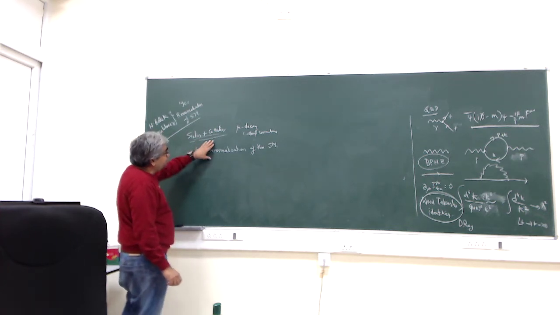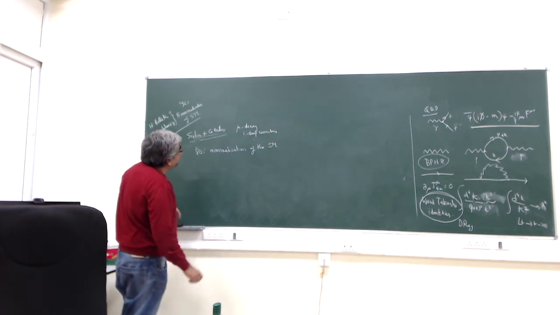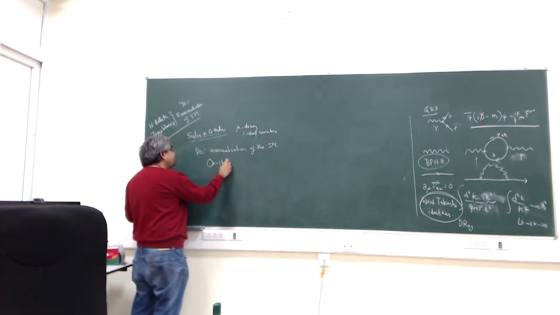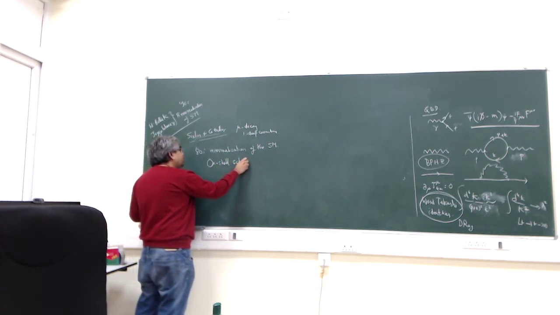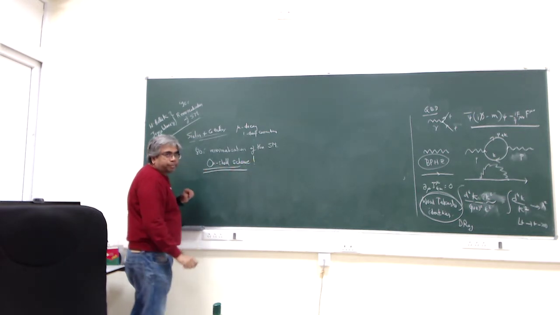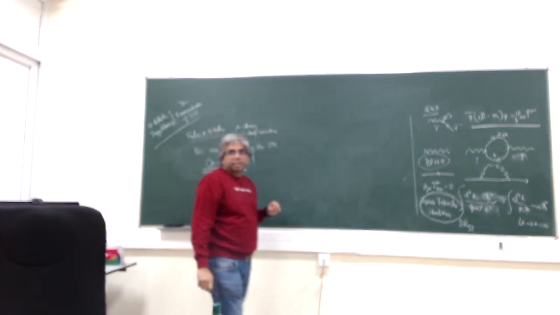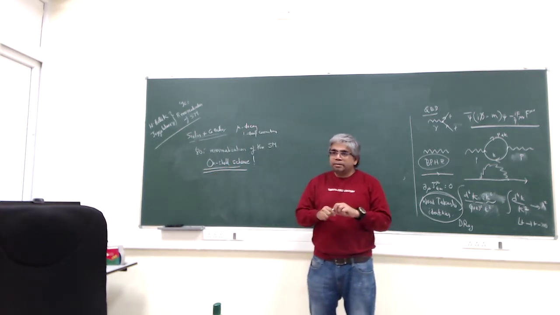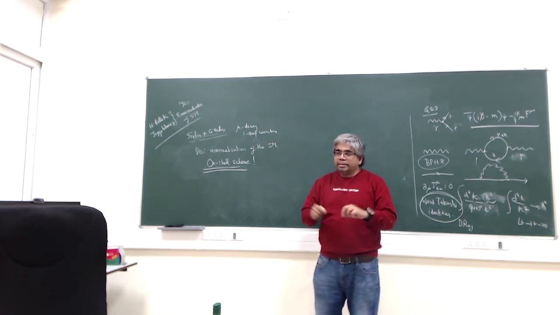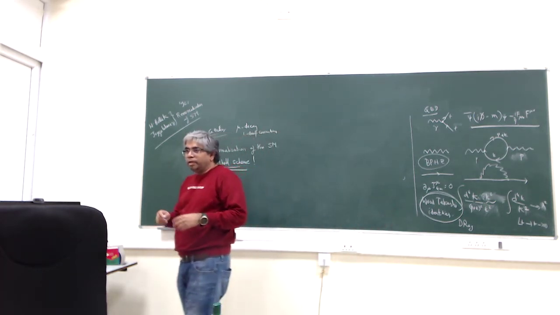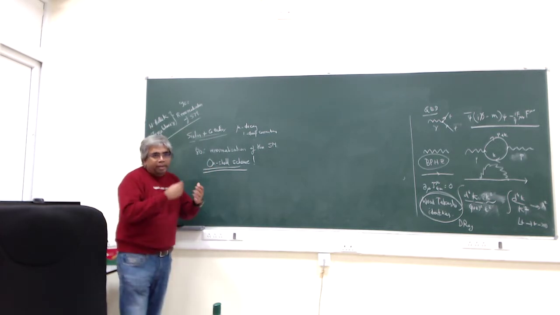The renormalization of the standard model was done first in the on-shell scheme. So what does the on-shell scheme do? It keeps the masses of the particles exactly at themselves. The renormalization scale is chosen to be the mass of the particle itself.